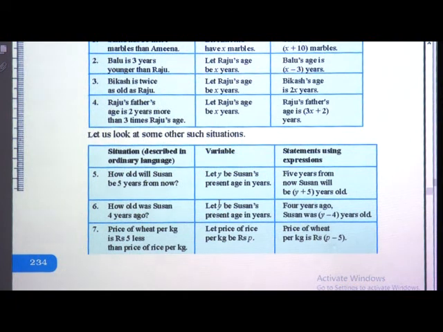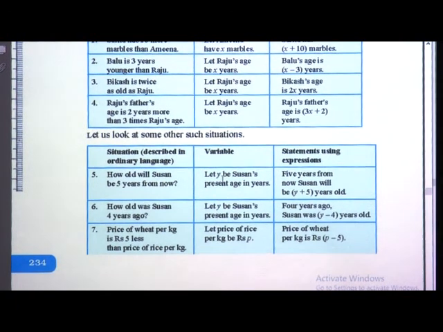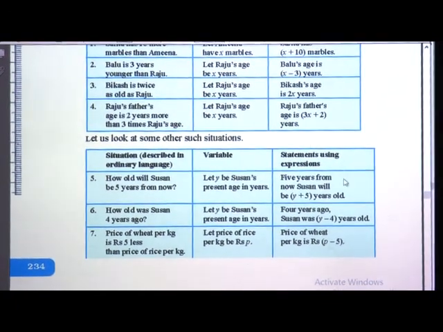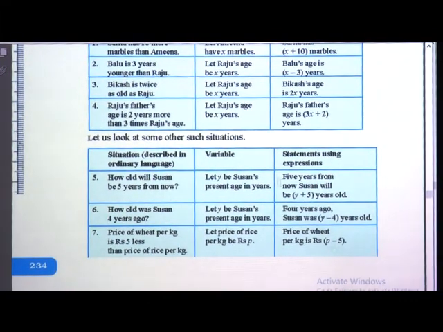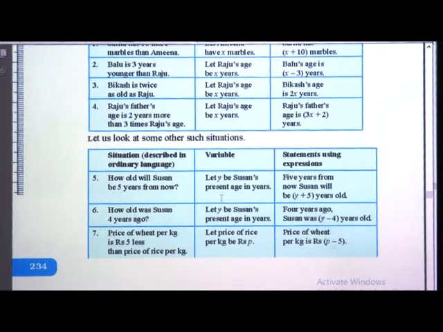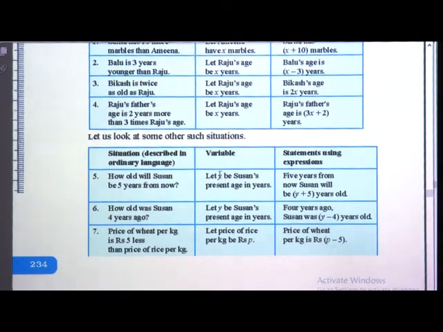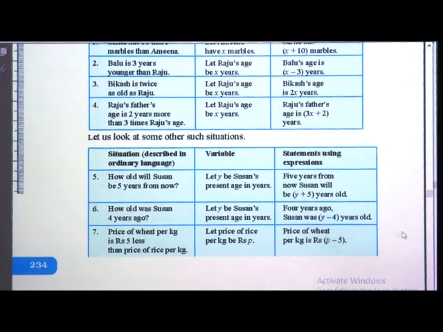From now after 5 years means plus 5. So y plus 5. Since we do not know the present age, we have taken the variable y, and to find the answer we use the expression y plus 5. When we get the value of y, we can find the age after 5 years.